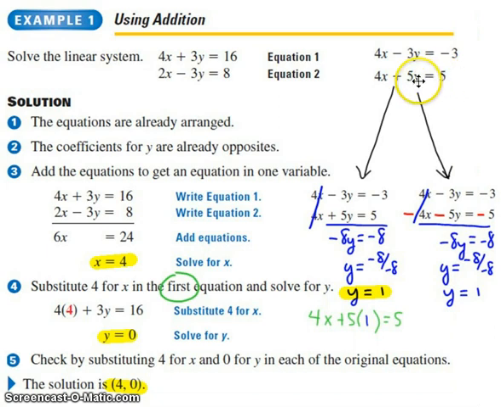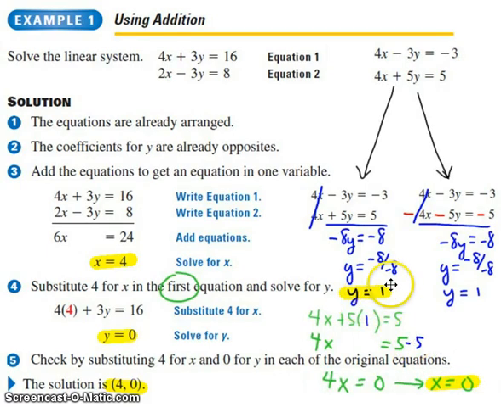Well, instead of y, I'm going to put parens and stick 1 in there. 4x plus 5 times what I know y is equals 5. That means 4x equals 5. Move that 5 over, minus 5. Or in other words, x equals 0.